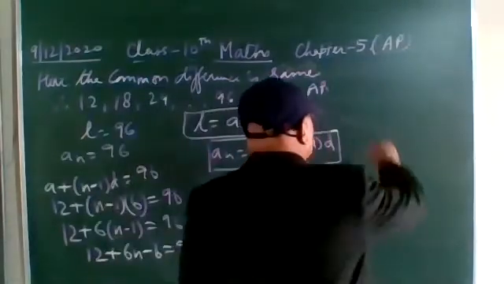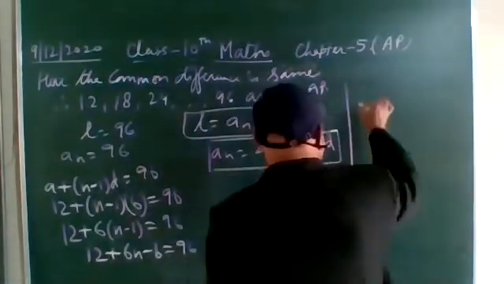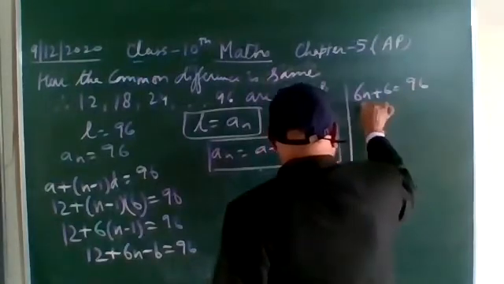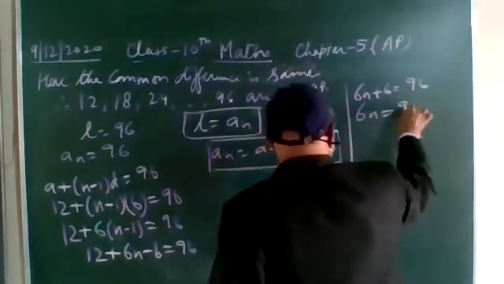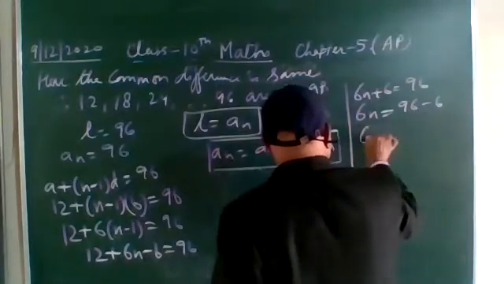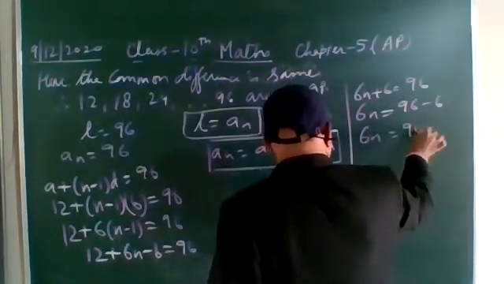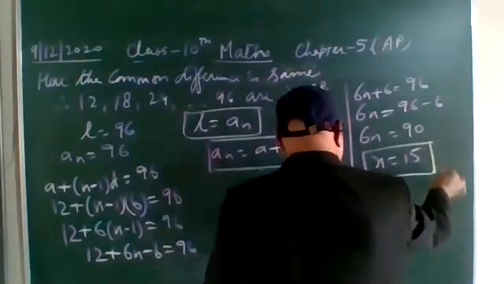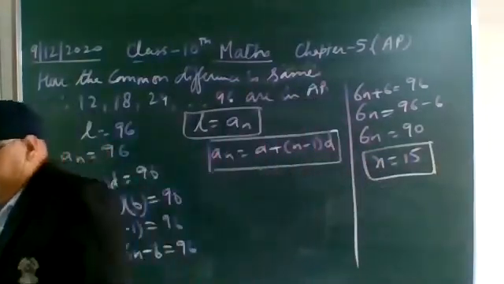After this, you come to this side. 6n plus 6 equal to 96. 6n equals 96 minus 6, so n equal to 15.